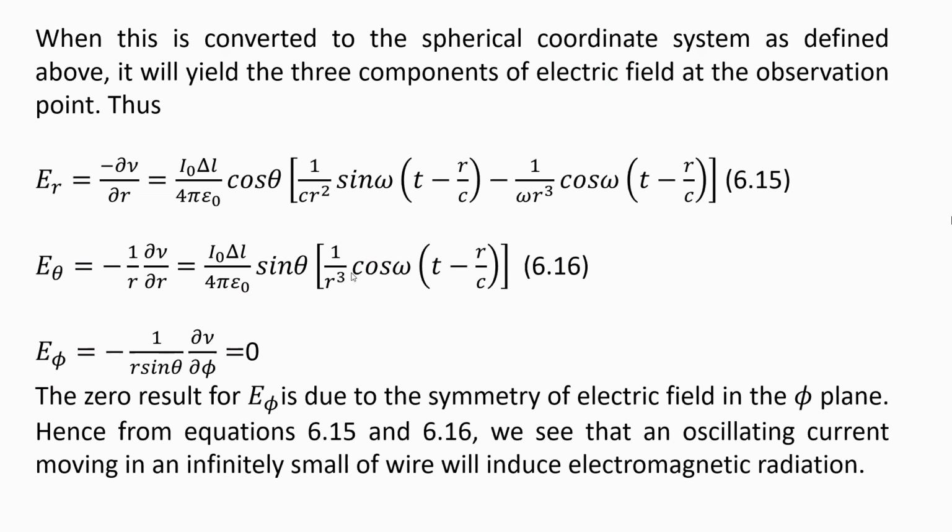If we have some part with 1 divided by r in the order of 1, it usually indicates that we are in the far field, where this component is much bigger than the components with order of 2 and order of 3.